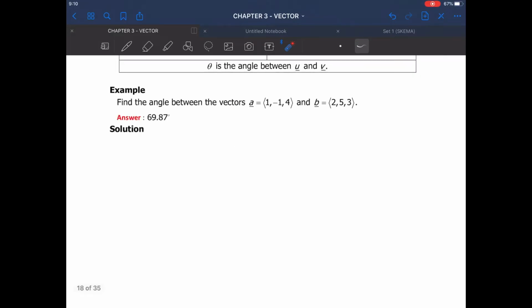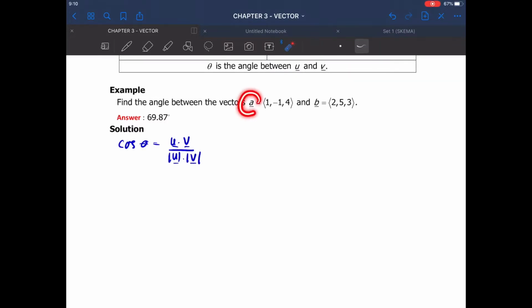So let's refer to this example. Find the angle between vector A and vector B. The formula is cos theta equal to u dot v divided by magnitude u multiplied by magnitude v.